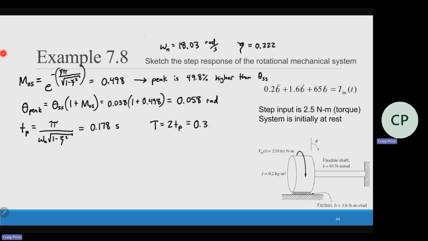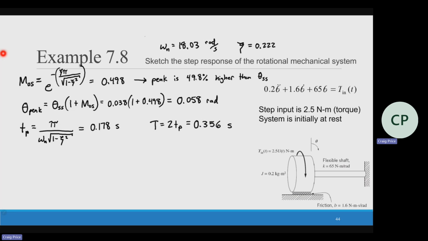This would be 0.356 seconds. That would be one period right there. Okay. Peak time is half of that.